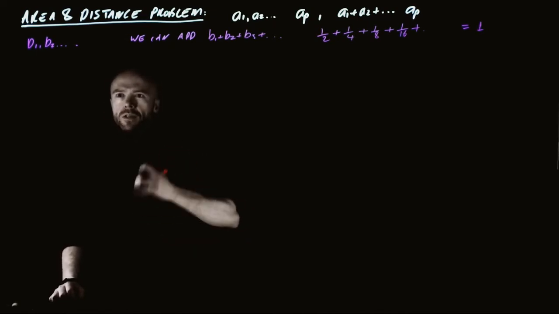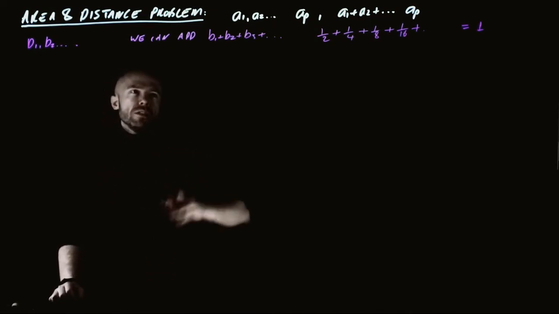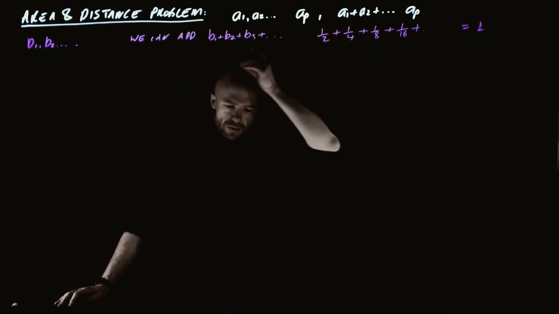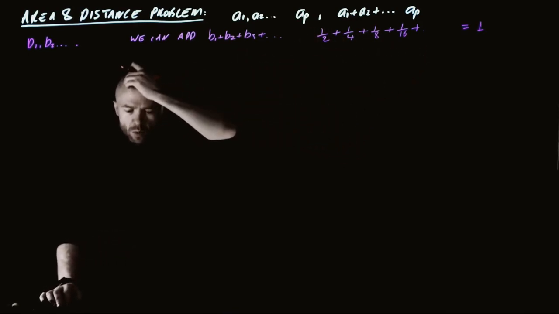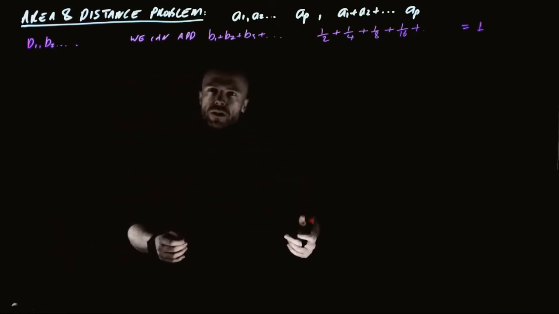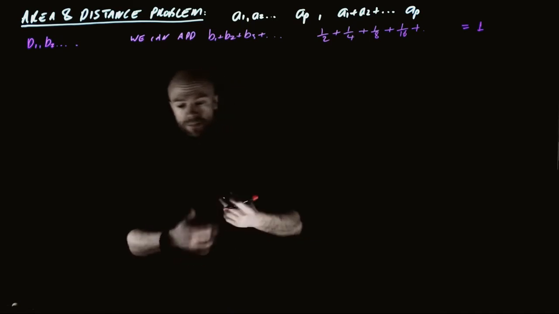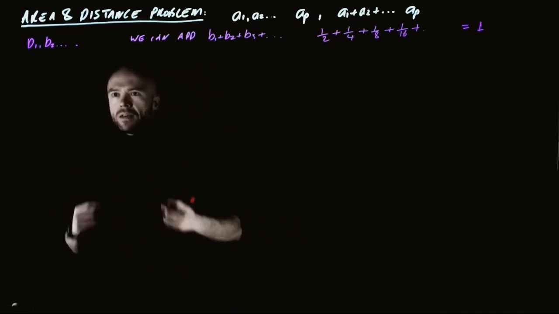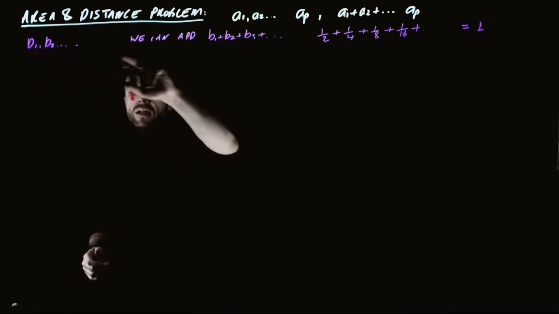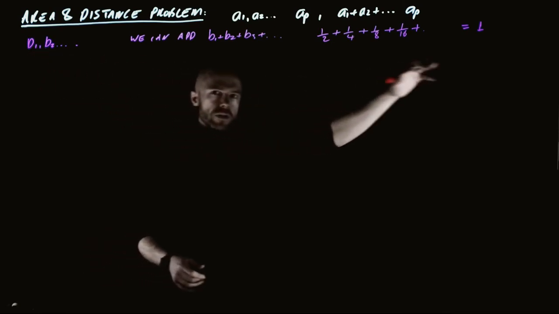Integration is actually a fair bit different, because instead of adding up this infinite collection of numbers or this finite collection of numbers, we are adding up another infinite collection of numbers, but a bigger infinity of numbers, because there are two main kinds of infinity. There are the kinds of infinity that we can put in a list, like 1, 2, 3, 4, 5, and so on.